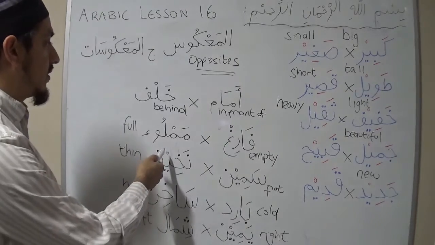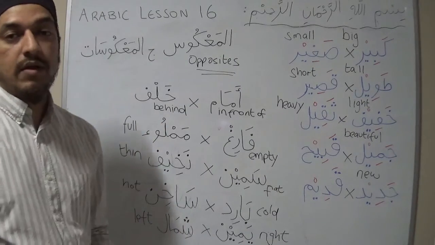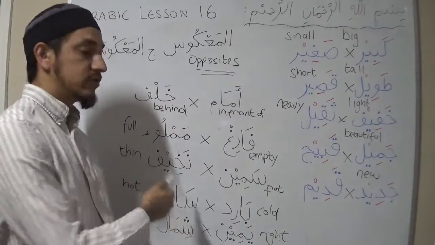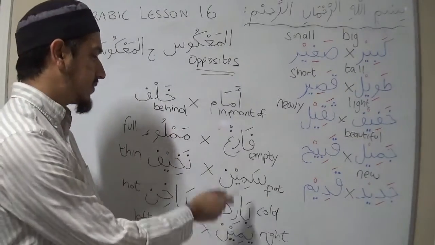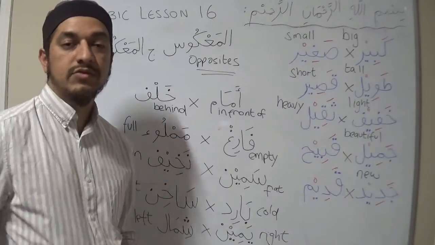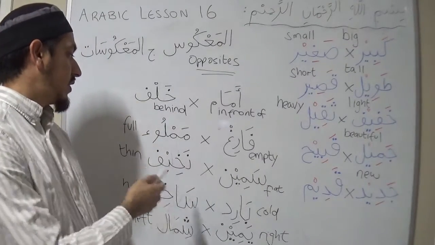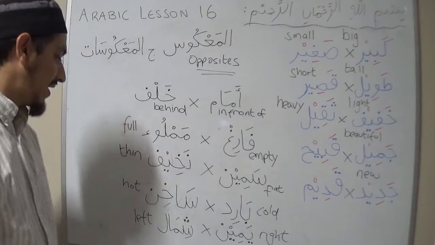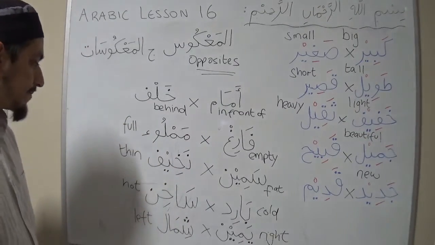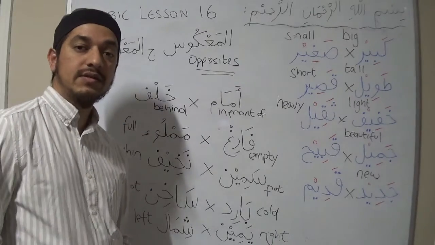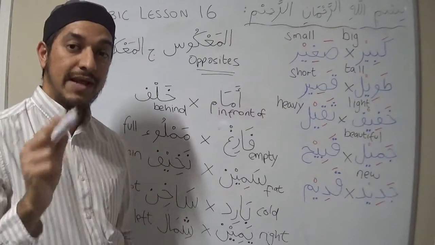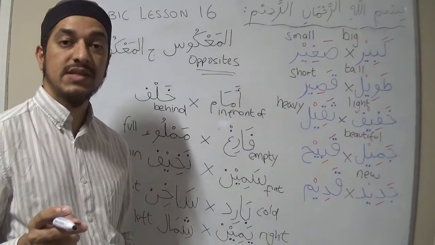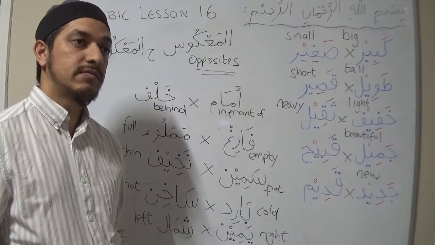Mamlu or khalf. We'll go with mamlu. So something full. I was going to use alif lam, but I'll use something different. Hot. As-sakhin, so it'll be as-sakhin if I use alif lam in the noun first. So we'll have the hot ash-shams as-sakhin, the hot sun.